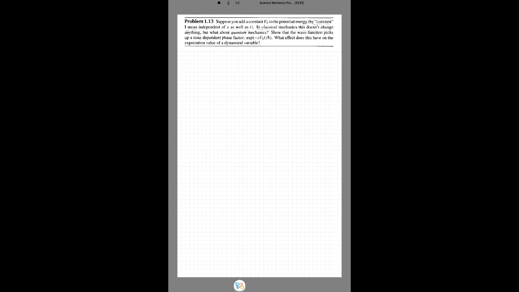So first it says, show that the wave function picks up a time-dependent phase factor of e to the i v naught t over h bar, if I had, instead of just v, I had v plus v naught.